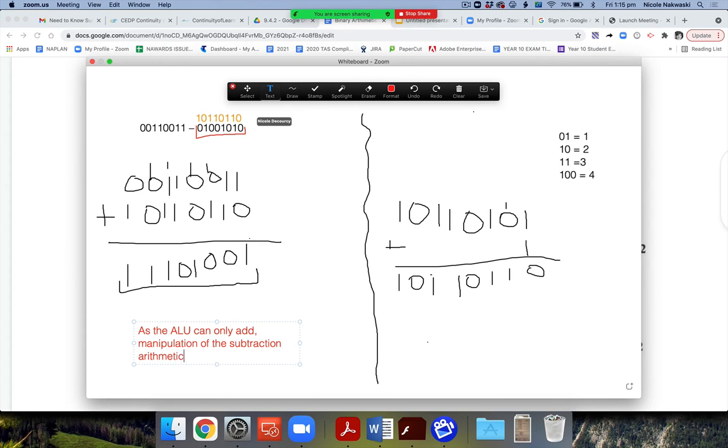Essentially, the addition of a negative number is the same as subtraction.